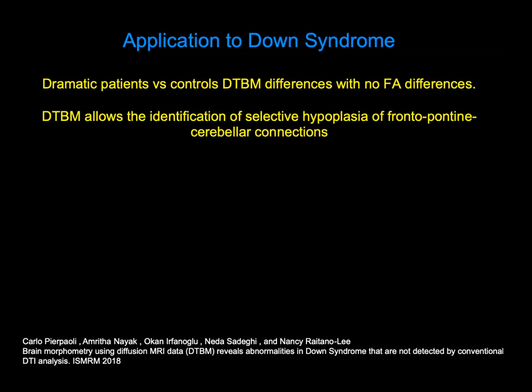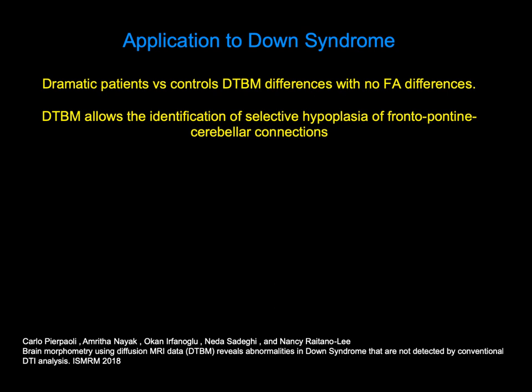Another example, and I have just a couple of examples, and then we could conclude. This is an application to Down syndrome, presented at the SMRM. The full paper is under review, and the take-home message is that we have dramatic patient versus control DTBM differences with no fractional anisotropy differences.